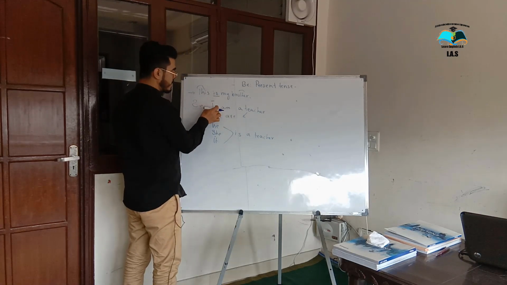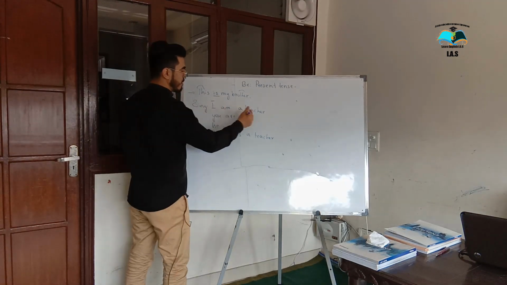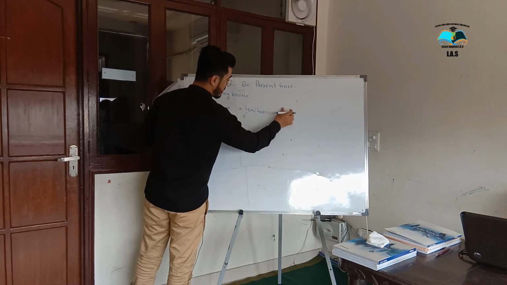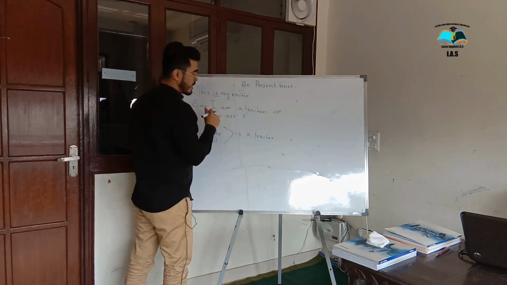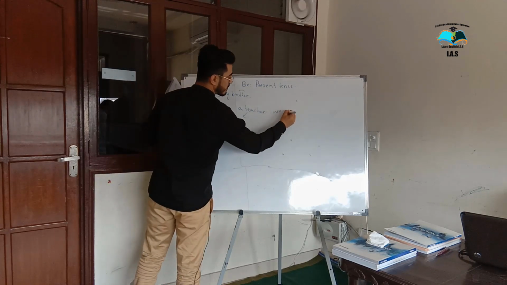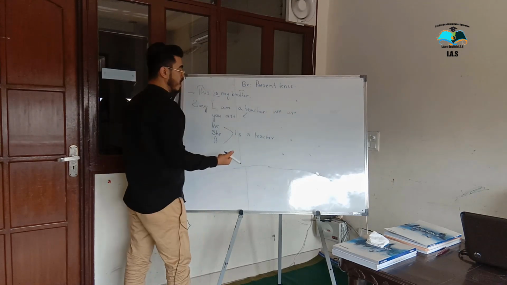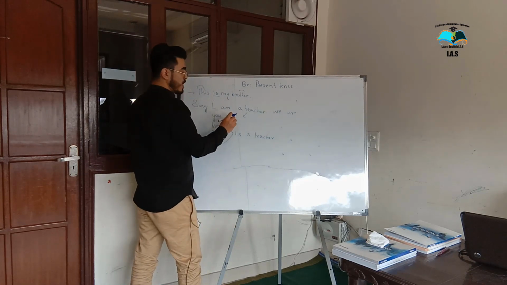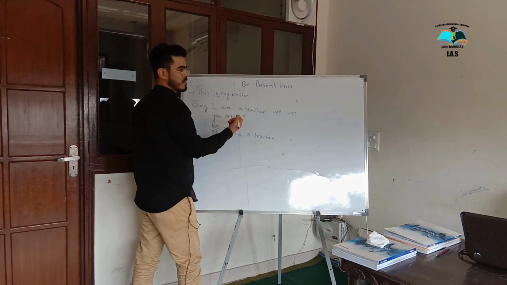So the plural subject of I is we. With we, we use are. We are. But if I say we are a teacher, this is a wrong sentence.